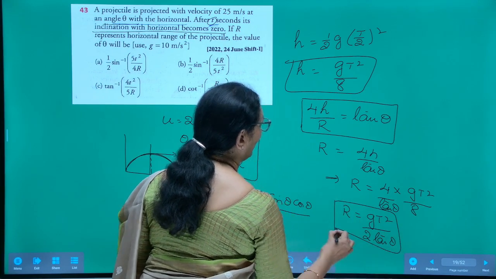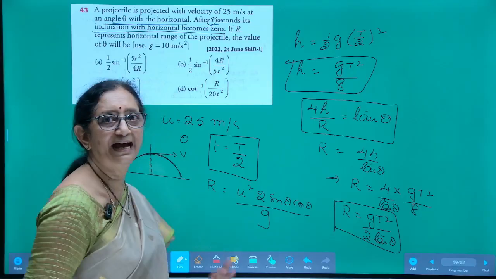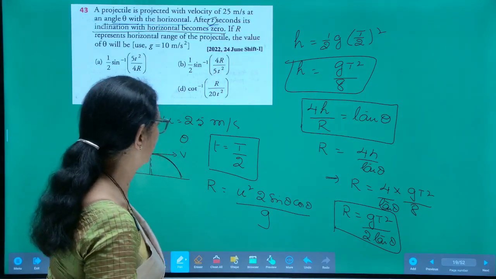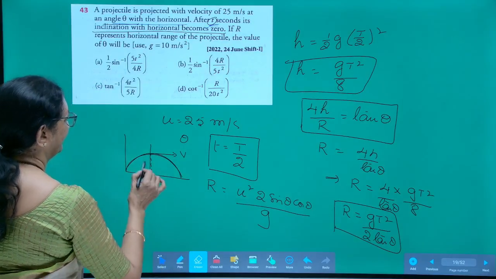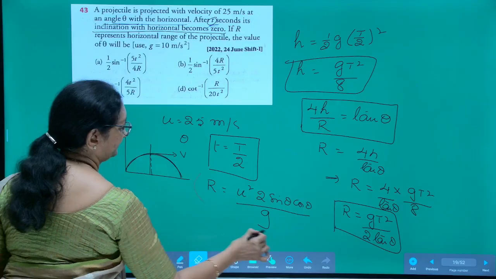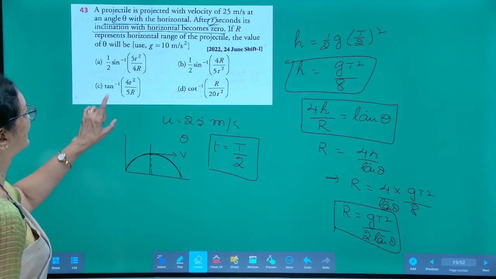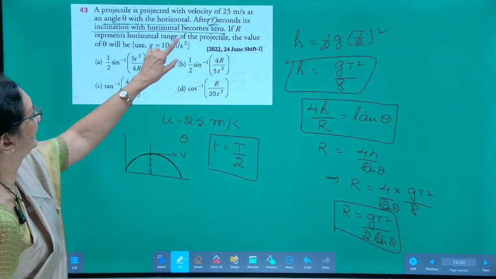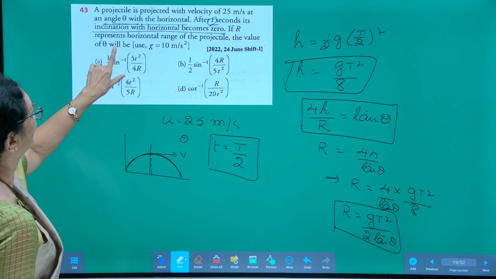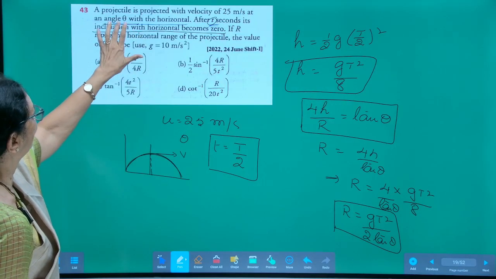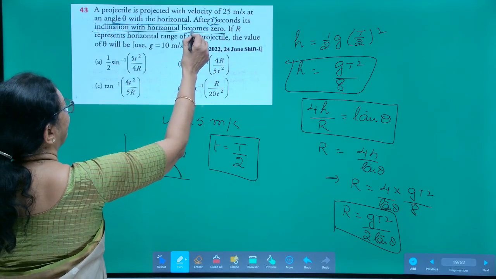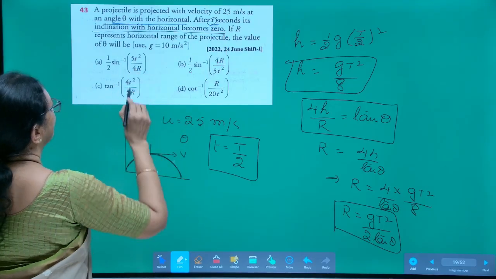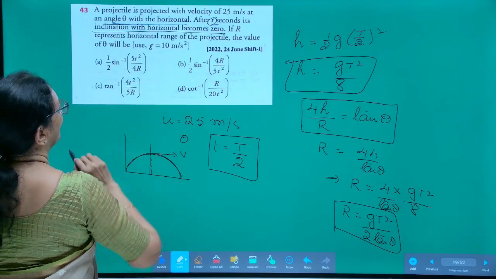See, all these formulae we should have on the fingertips. Now, coming back to this problem, look here. It is mentioned it is projected with a velocity 25 meter per second at an angle theta with the horizontal. After t seconds, it is at the highest point. R represents the horizontal range.